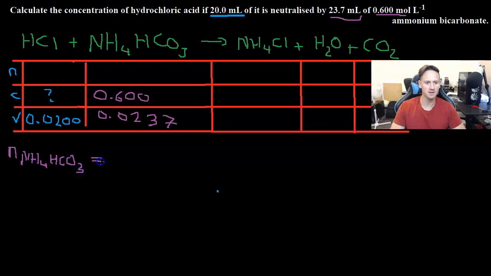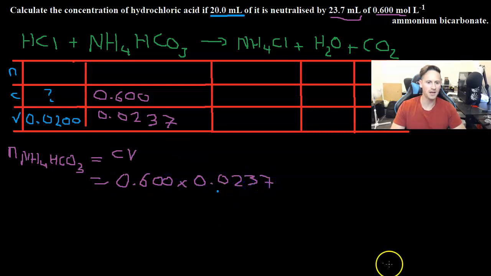And the formula is concentration times by volume. So we just multiply the two values together. So 0.600 times 0.0237. Now we could put that in our calculator to get an answer, but I'm just going to leave it for now, and we'll do our calculation in one go at the end.